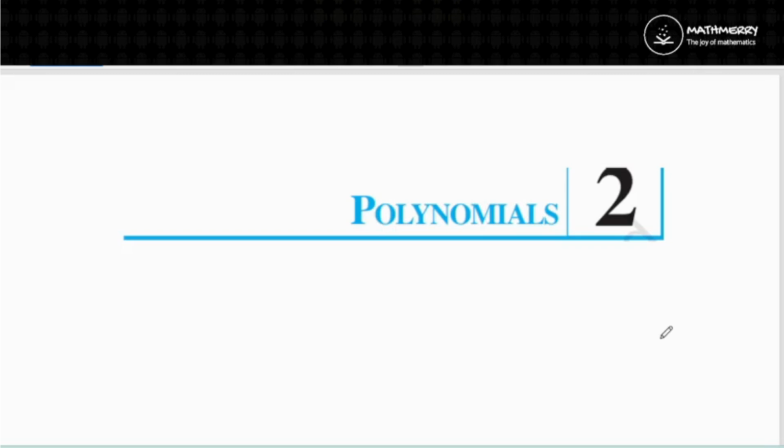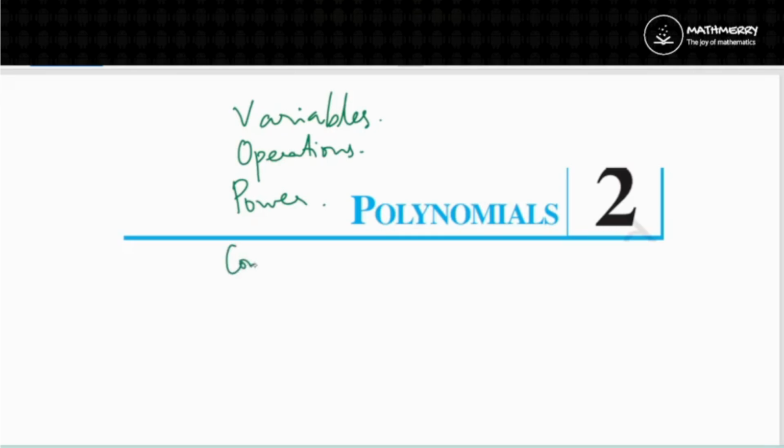So to start with polynomials, what do polynomials have? How will polynomials look? Do they have variables? Do they have mathematical operations? Do these variables have powers? And also, do we have constants and coefficients?